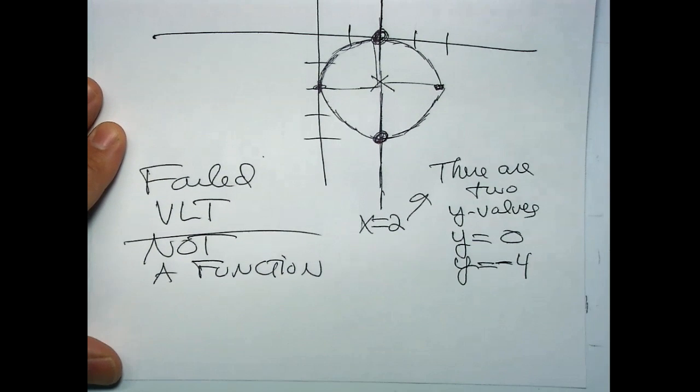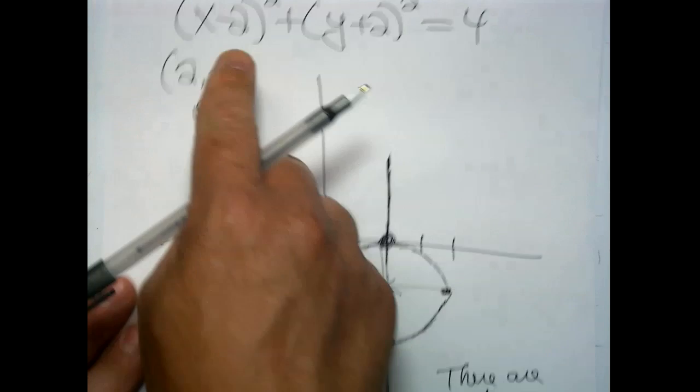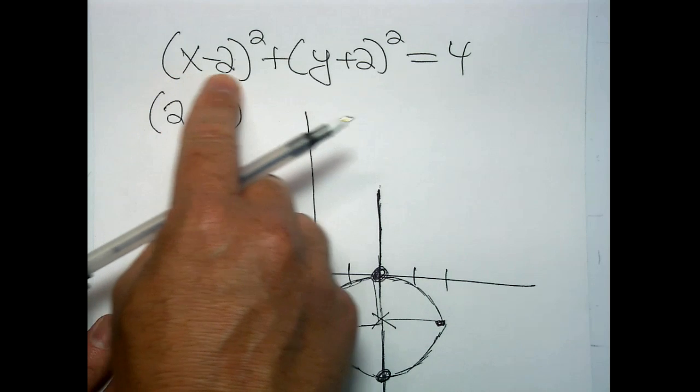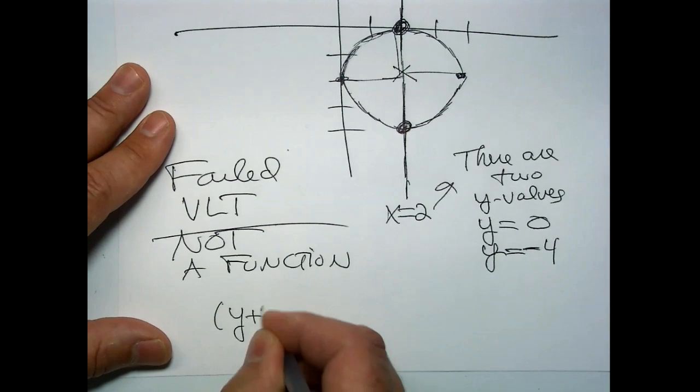Definitely not a function. The other thing you could do is plug the 2 into the original equation, and what you would get, let's put the 2 in for x, you get 0 here, and you would get y plus 2 squared equals 4. Let's try that out, see what happens.